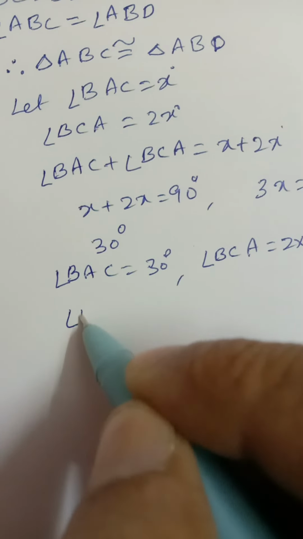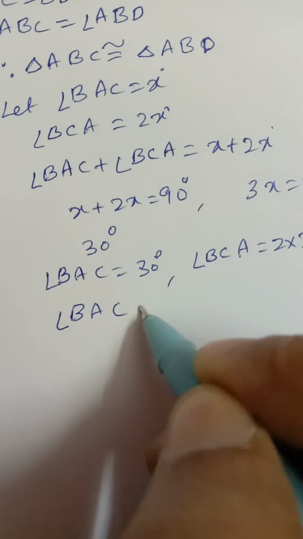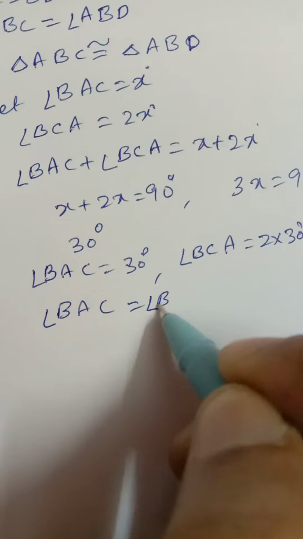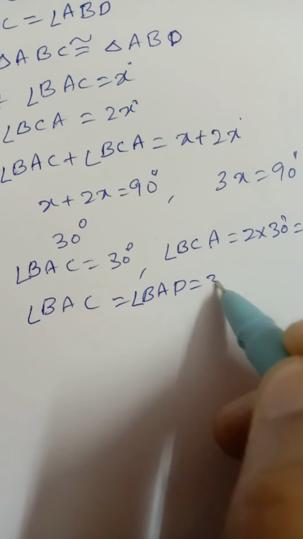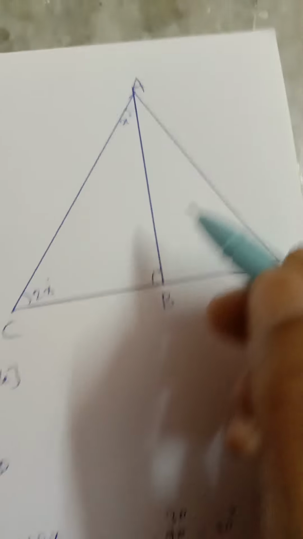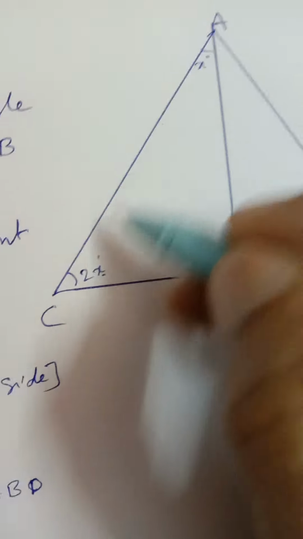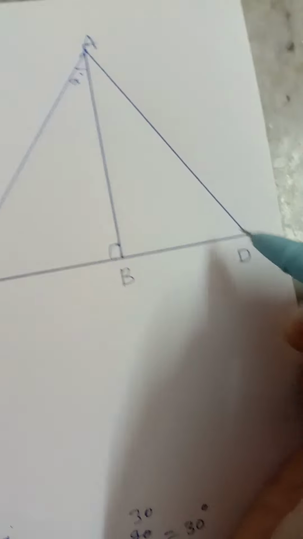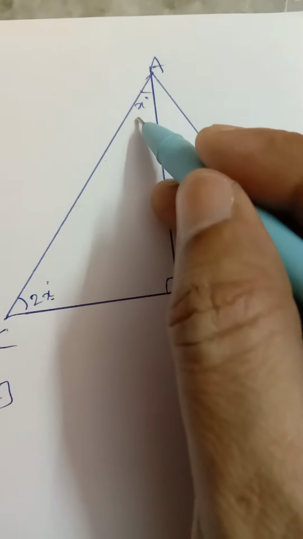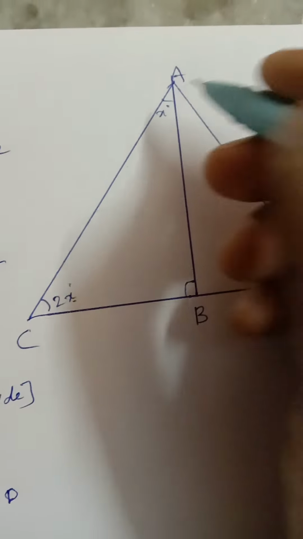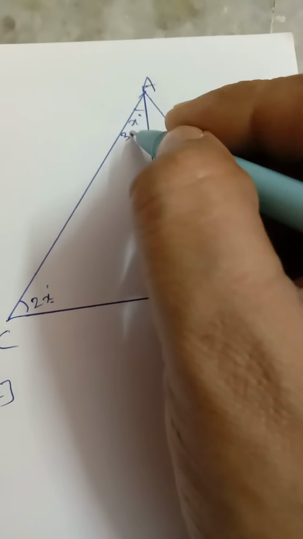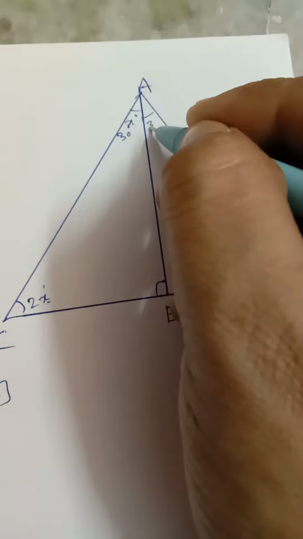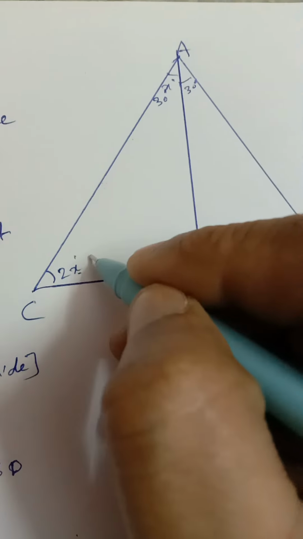Angle BAC is equal to angle BAD is equal to 30 degrees, so angle CAD is 30 plus 30, which is 60 degrees.